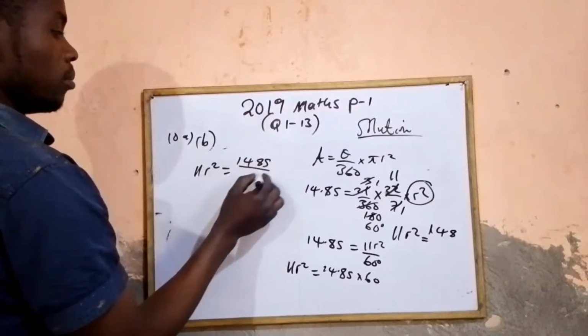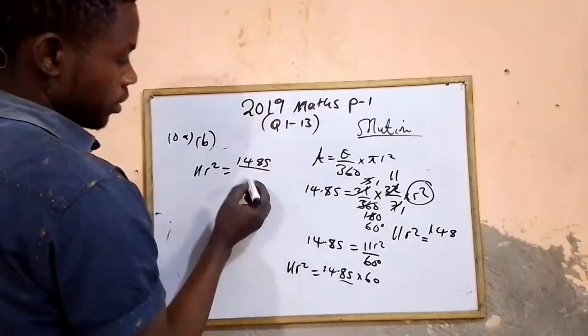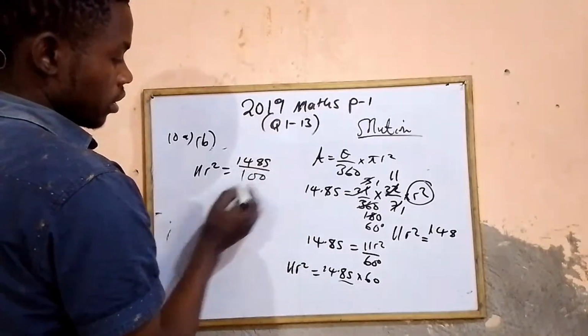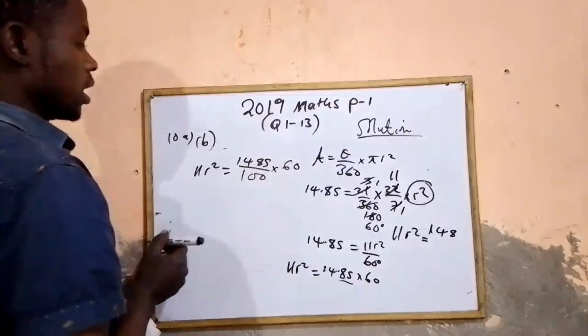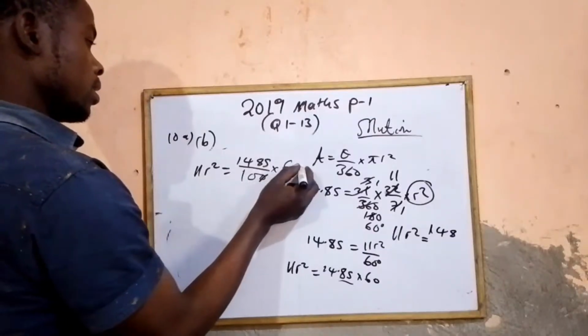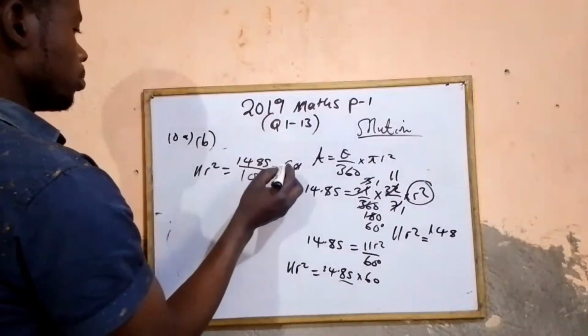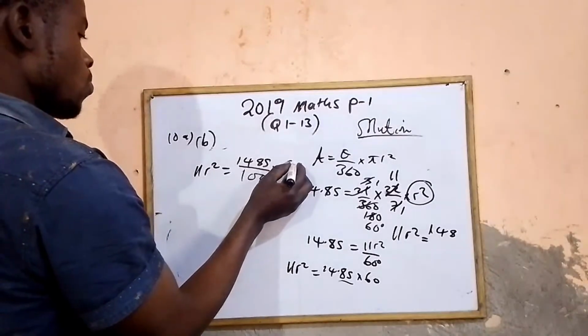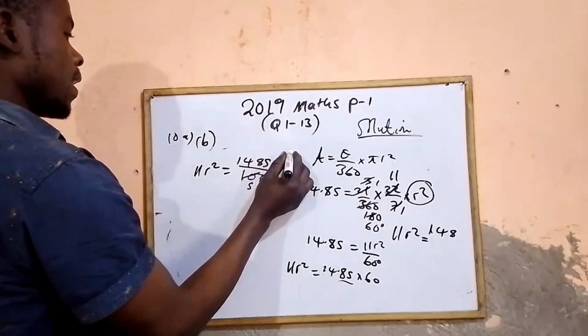1485. You divide by 100, because of these two decimal places, then times 60. Okay. So now 0 here and 0 here. Then 2 here, 5. 2 here, 3.